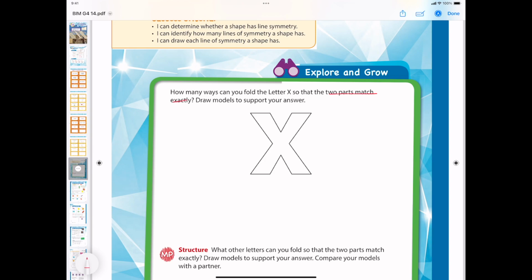Okay, so we are going to find out the lines of symmetry. Draw models to support your answer. Now think, if you fold this way, yes, these 2 sides are going to meet and the other sides are going to meet, right? And if you fold this way, yes, these 2 sides are going to meet and these 2 sides are going to meet exactly.